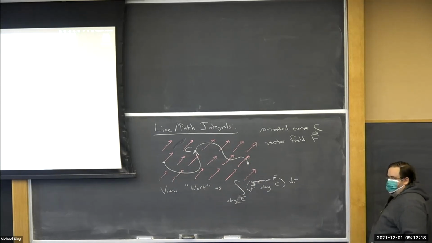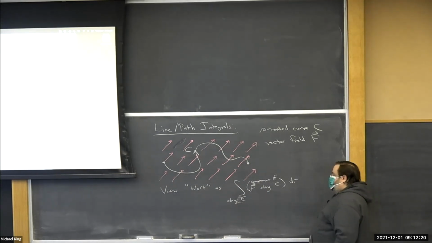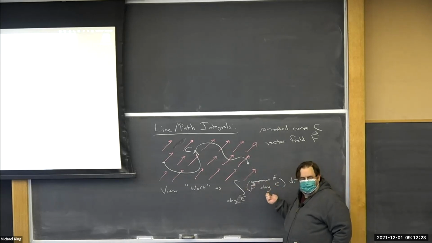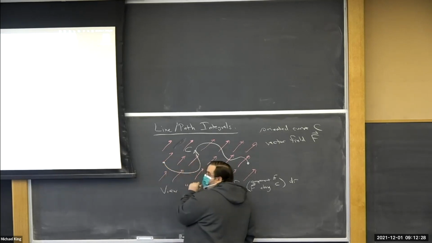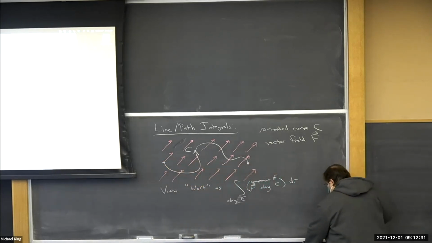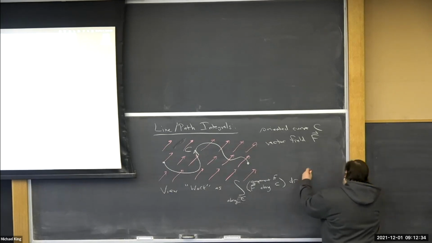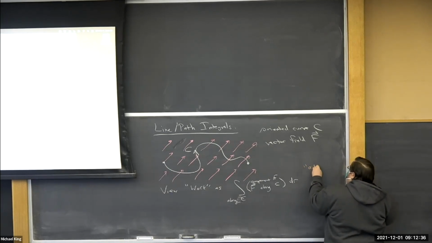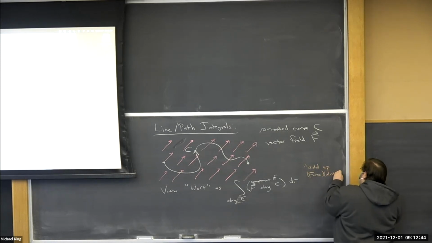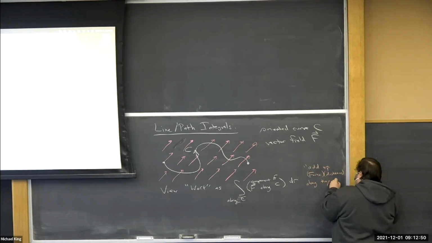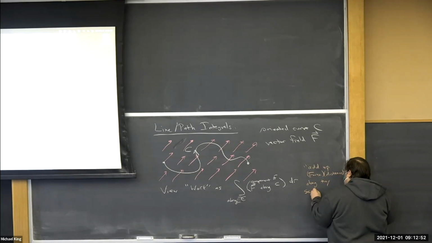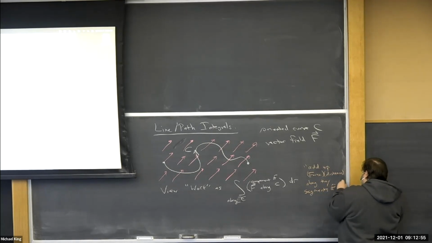It's basically force times distance. You should think of an integral as a sum of a bunch of tiny things. The tiny things we're doing are adding up the work along each little tiny segment of the path. So you should think of this as adding up force times distance along tiny segments of C. I could write the Riemann sum again, but that's kind of what we end up doing.